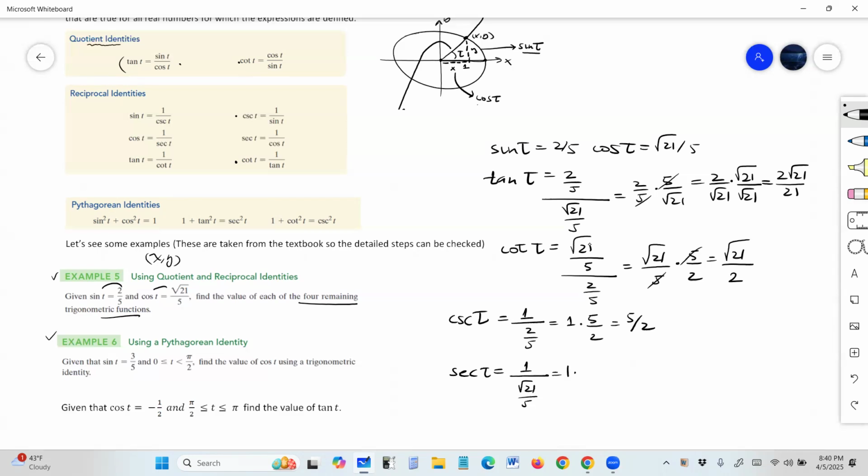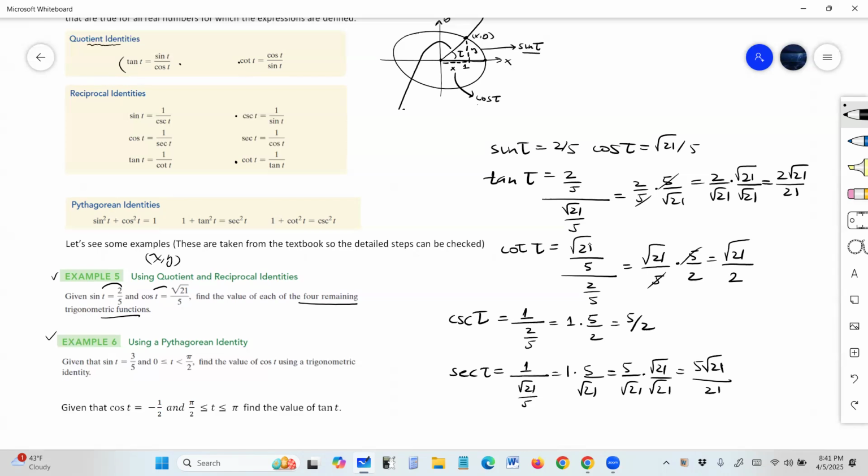So again, multiply by the reciprocal. 5 over radical 21. And then I have to rationalize it as I did before. So 5 radical 21 over 21.